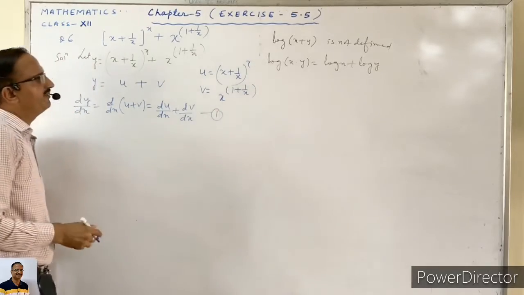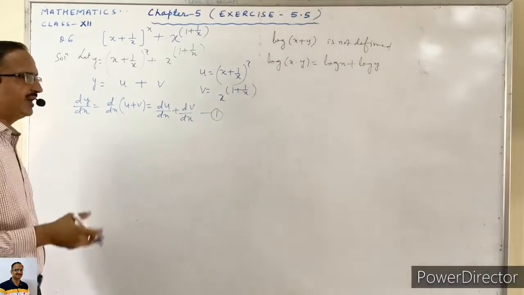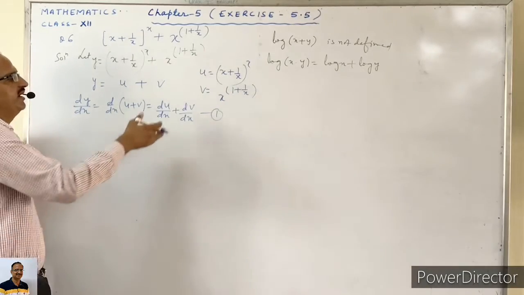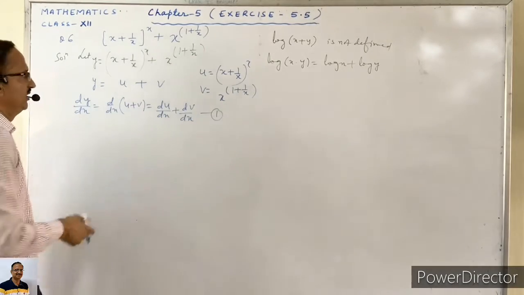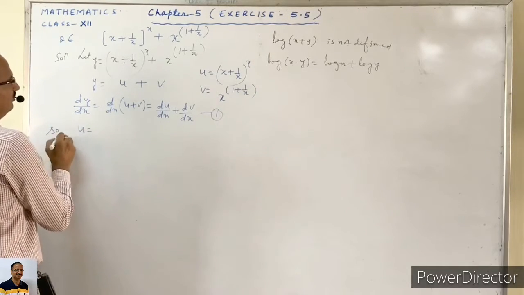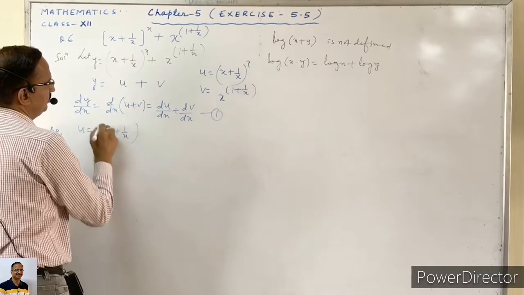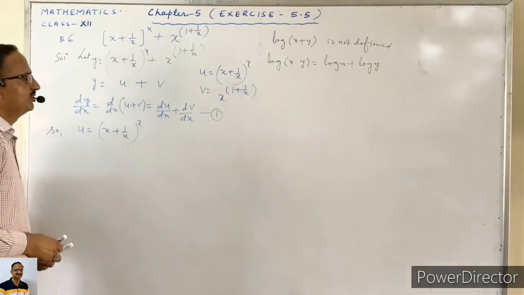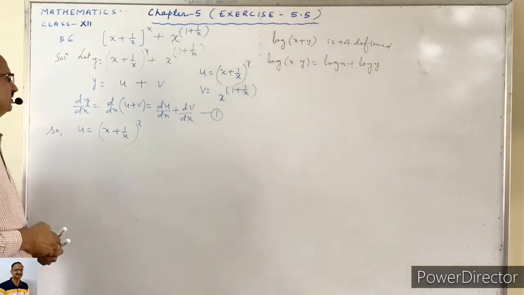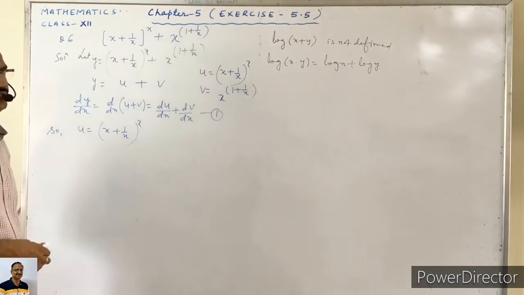So we will find the derivative of these two functions separately and then put the values in this first. So u is what? (x + 1/x)^x. So we will find the derivative of this u with the help of logarithm.